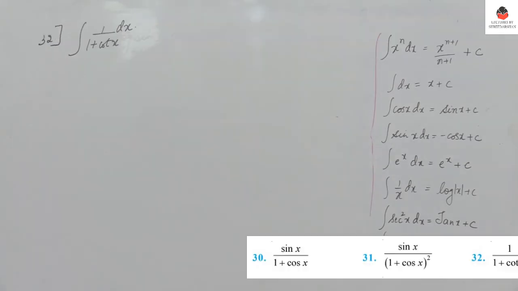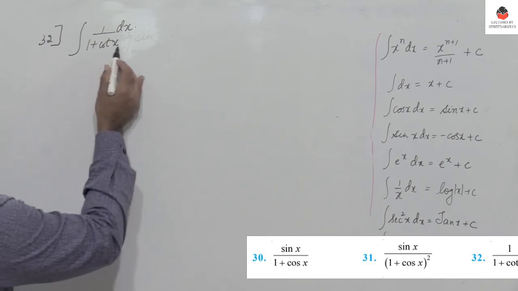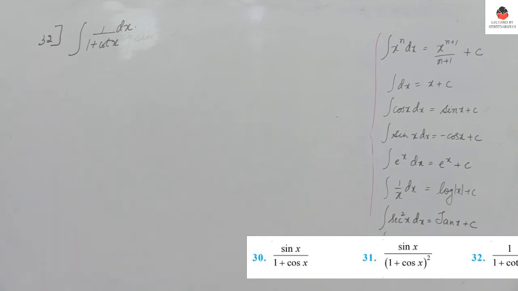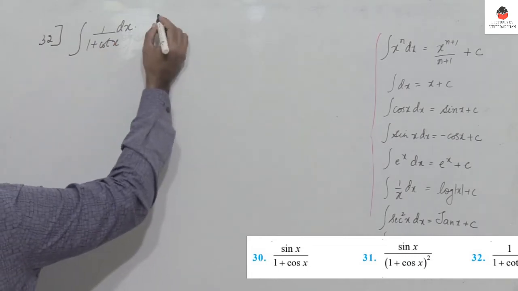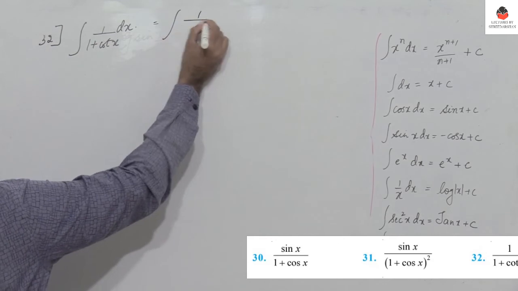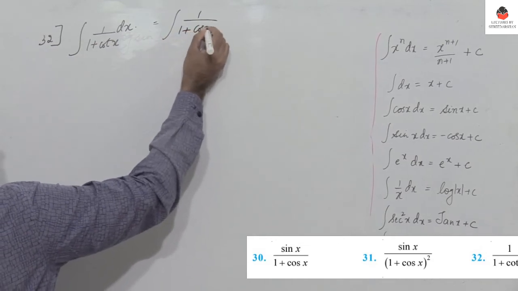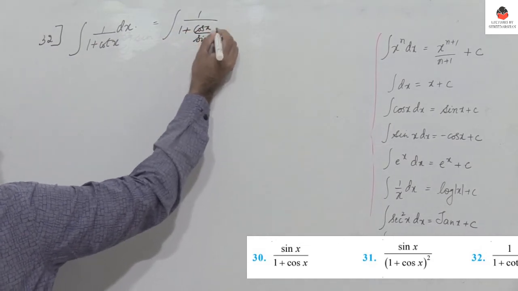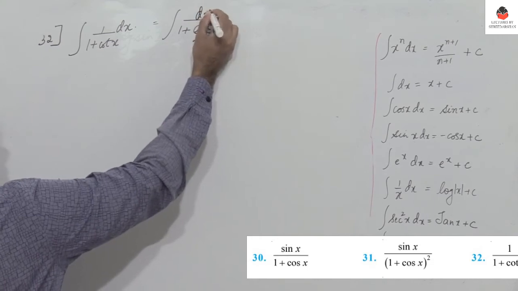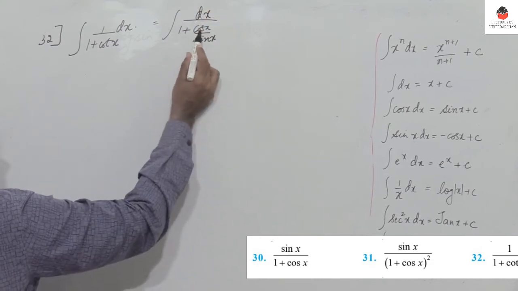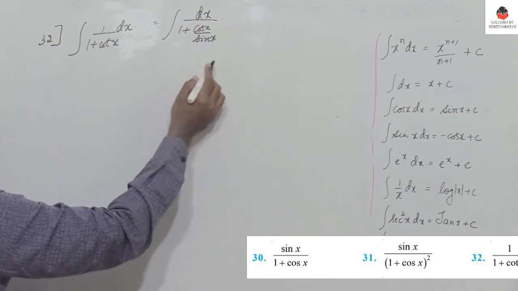Now integral 1 divided by 1 plus cot x dx. So this is an interesting problem. We cannot make any substitution as such. So now we know that cot x is cos x by sin x. So let me do that substitution. So 1 plus cos x by sin x dx. If I take LCM here, this becomes sin x plus cos x by sin x.